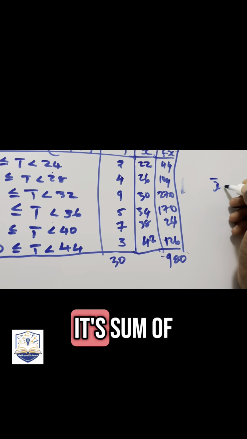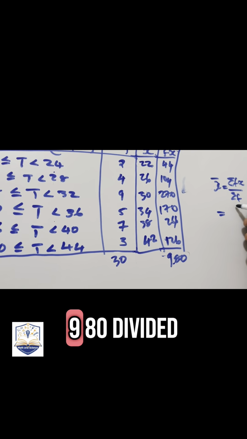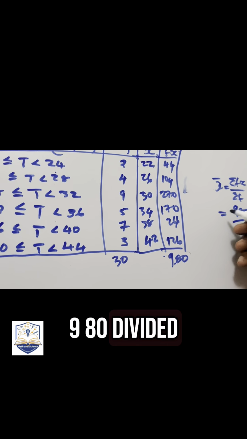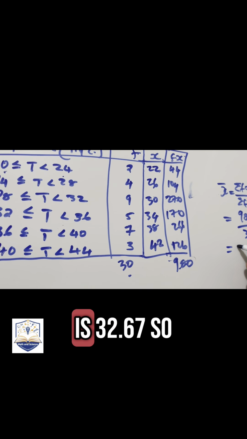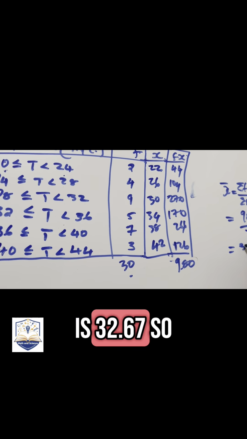We know that the sum of the frequency times midpoint is 980, divided by the sum of frequency, 30. So our mean is 32.67. This is the mean that we're looking for.